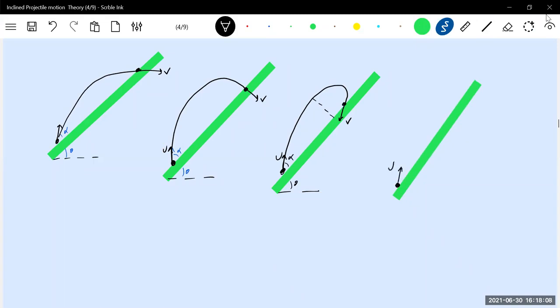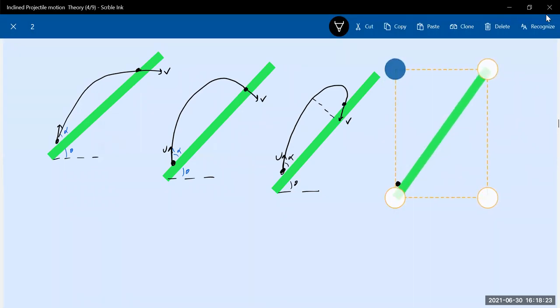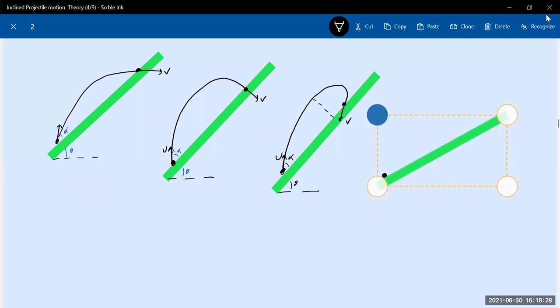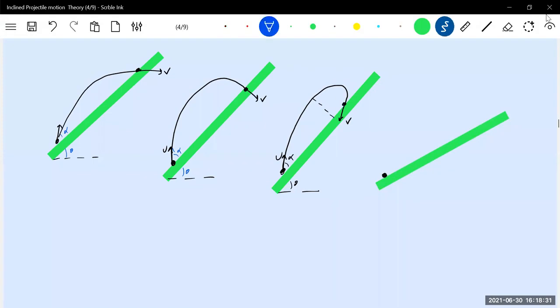You are projecting it in such a way that... I'll make this inclination a little bit more. I'll project it so that it may... look, now it will strike horizontally also.